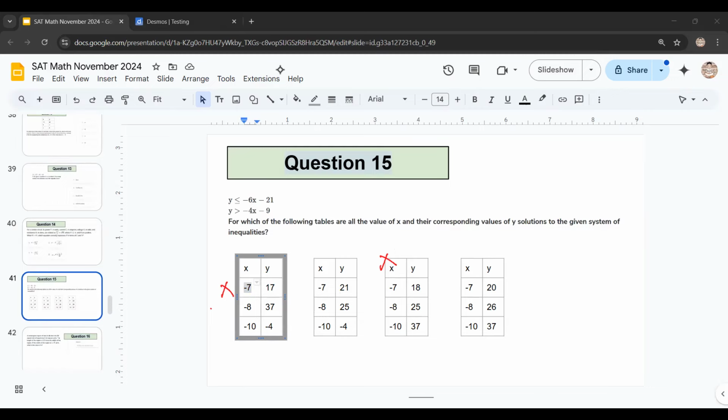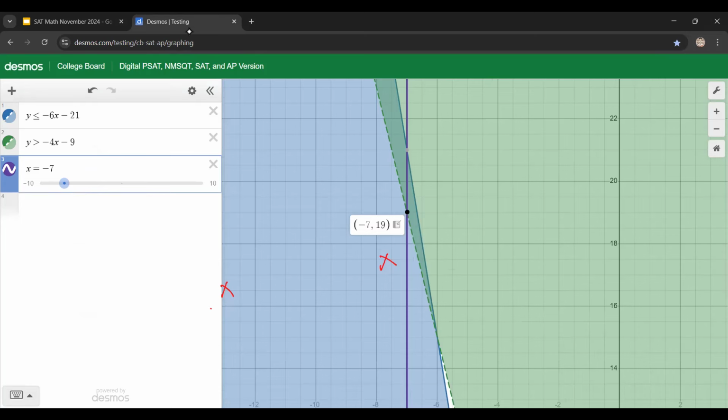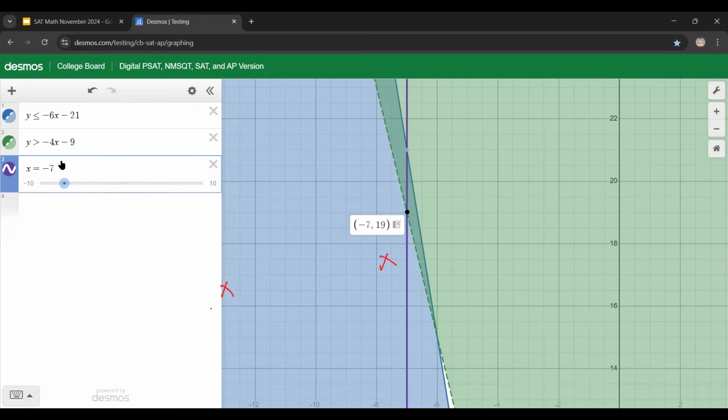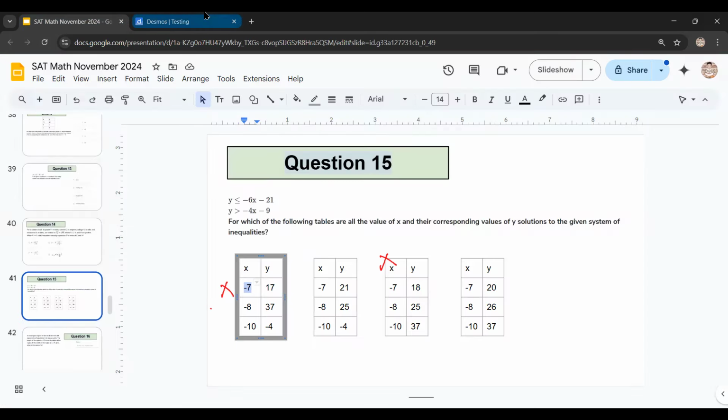Going back to Desmos, see, you have 19. If I click and hold and move like this, 19 is your possible answer. 20 is also possible, and 21 is also possible. Now, let's check for x equals negative 8.